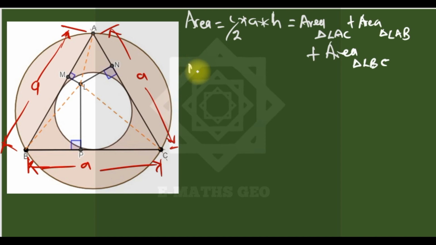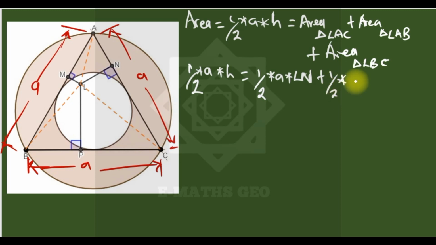This is half A times H. This is also half base, the base is A and the height is LN, plus half the base A, that's LAB, the height is LM, and finally half A times LP.